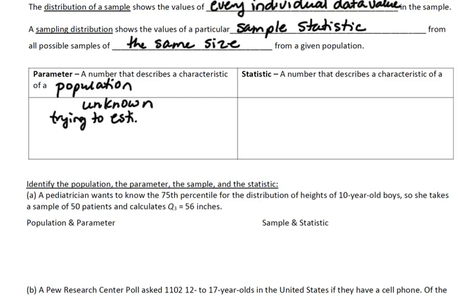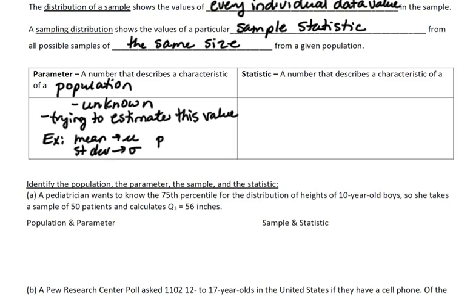It might be a mean, it might be a maximum, whatever it is we're trying to estimate. Some of the symbols that we might use: the mean is mu, the standard deviation is called sigma, and the proportion for a population is called p.